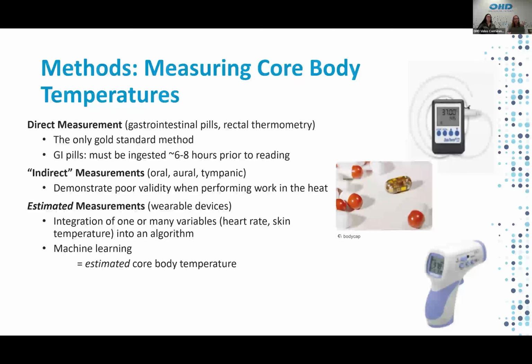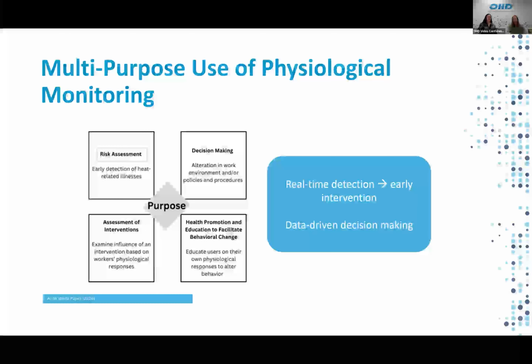So there are a lot of wearable options. So I mentioned some older, like a heart rate monitor. But some of these new wearables are showing great promise, and each one has a proprietary algorithm that's going to estimate the core body temperature and then make recommendations. It can be based on thresholds that you've set, or based on ACGIH's threshold limit values.